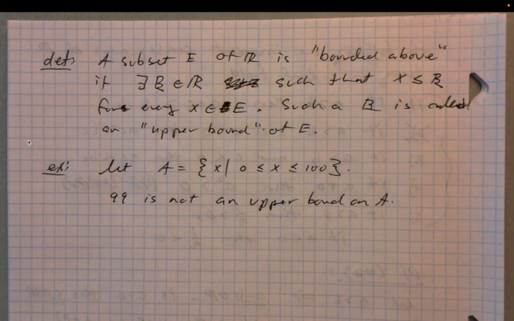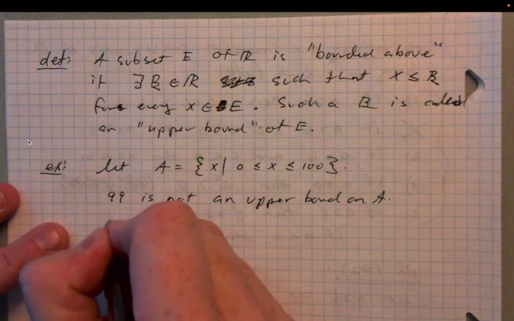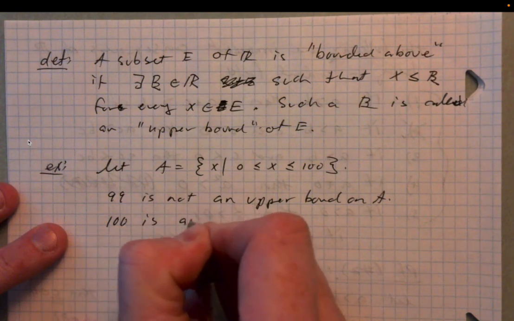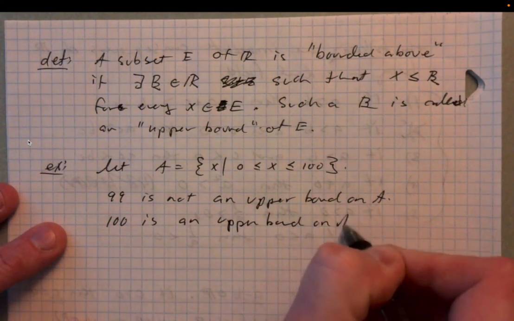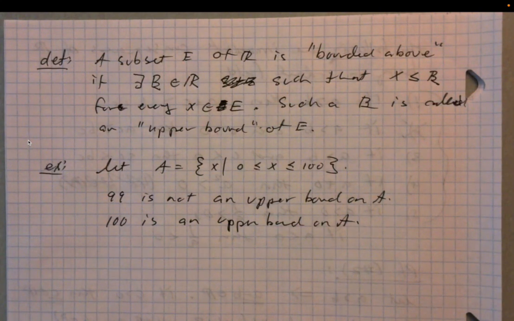Obviously, because there's something in A that's greater than 99, namely 100. Right? But 100 is an upper bound on A. Right? So everything in A is less than or equal to 100, and so 100 is an upper bound on A. And if there's an upper bound for a set, then that set's bounded. All right, so A is bounded.